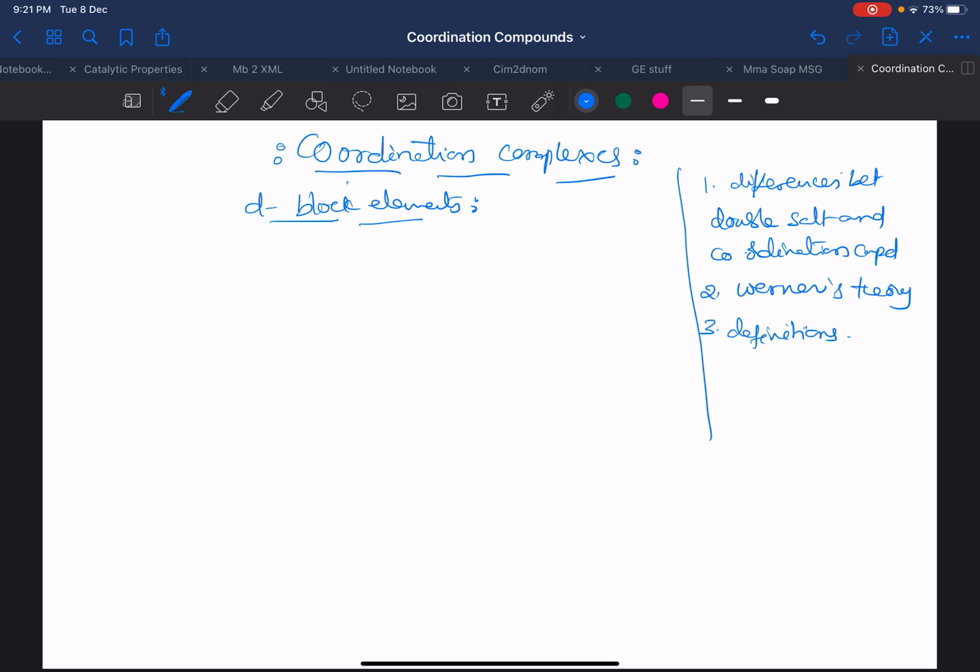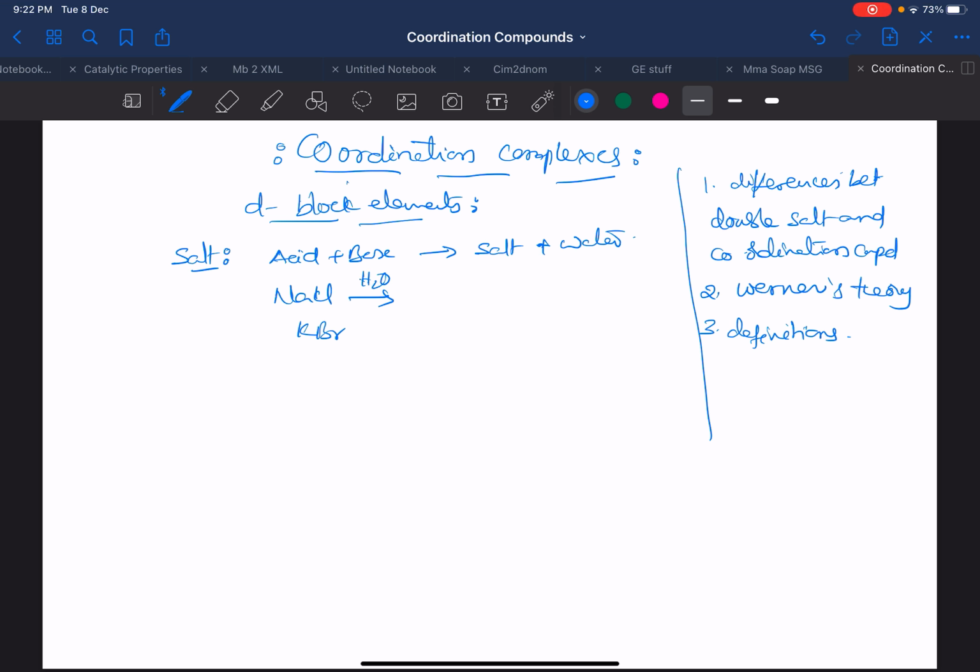So first of all, what is the main difference between a salt, a double salt and a coordination compound? Generally, we know the salt. The definition of a salt is that an acid and a base react to give salt and water. For example, NaCl and KBr, potassium bromide.